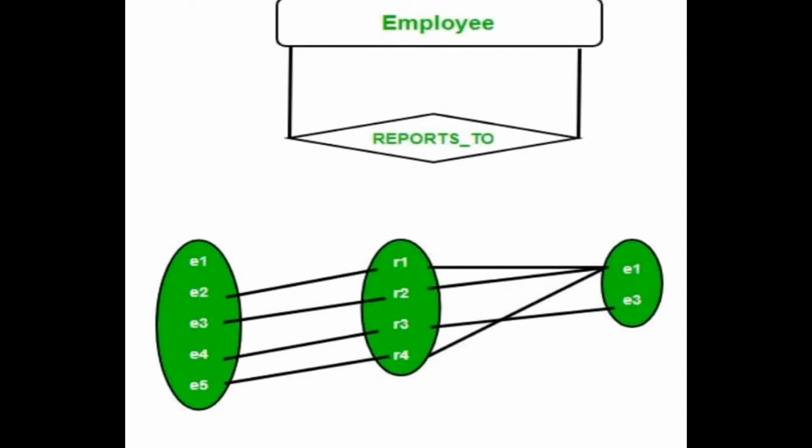Lastly, the maximum cardinality is 1 since a subordinate employee can have at most one supervisor. To implement a recursive relationship, a foreign key of the employee's manager number would be held in each employee record.